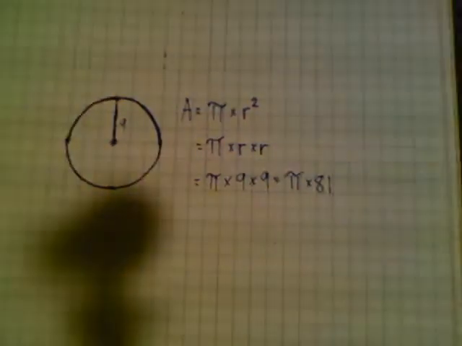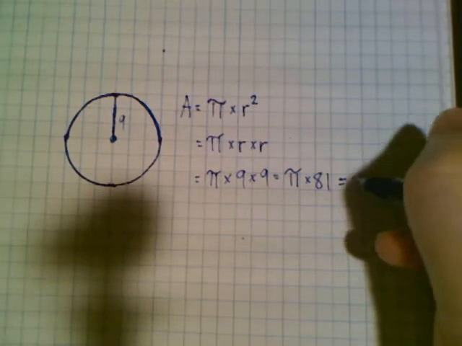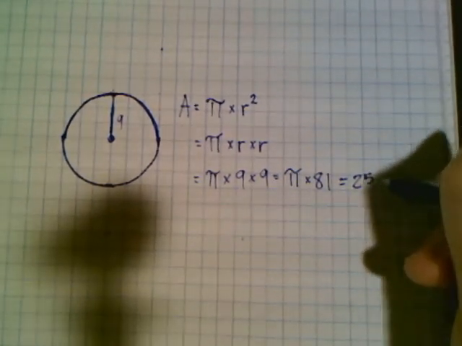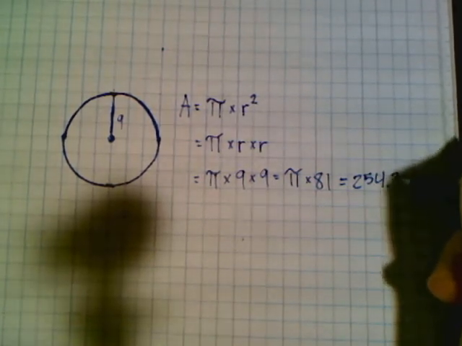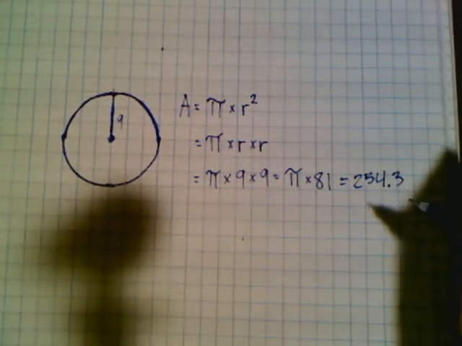So we get 254.34. But our question wants us to round to the nearest tenth, so 254.3, and my units are feet.